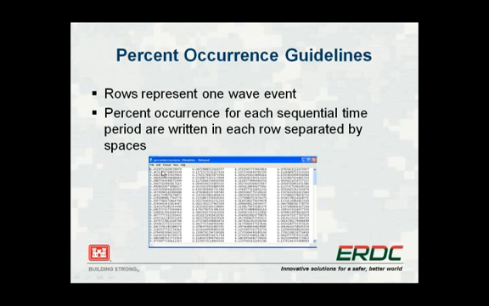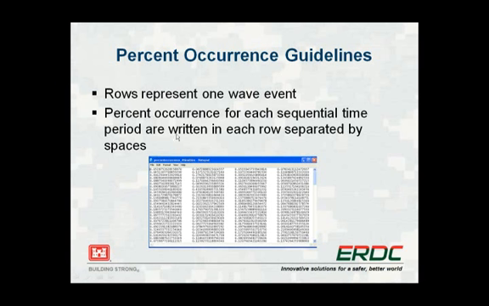The first column of the first row is the first 3 months of the year. The second column is your next 3 months, the third column is the next 3 months, and the fourth column would be October through December. And you do that for every single wave event.